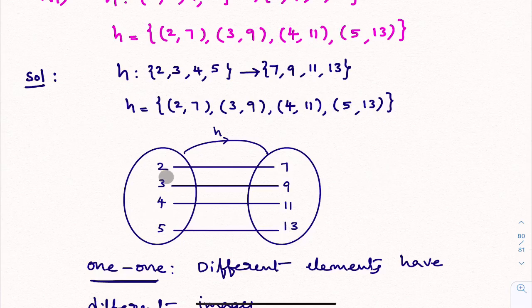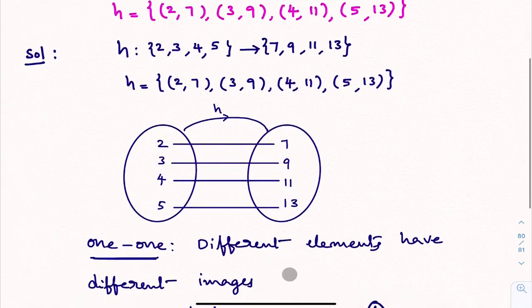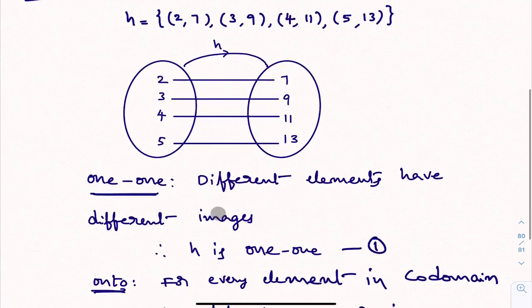You see here, you take any two elements, they have different images or not? 2, 3, they are different, their images are also different. 2, 5, they are different, their images are also different. By seeing the figure, we can easily say that this is a 1-1 function because different elements in the first set have different images in the second set. So what I can say, this H is a 1-1 function. You see what I have written, different elements have different images, therefore H is a 1-1 function.